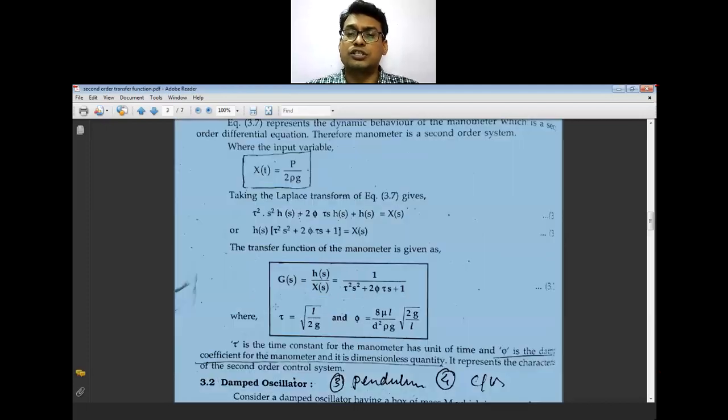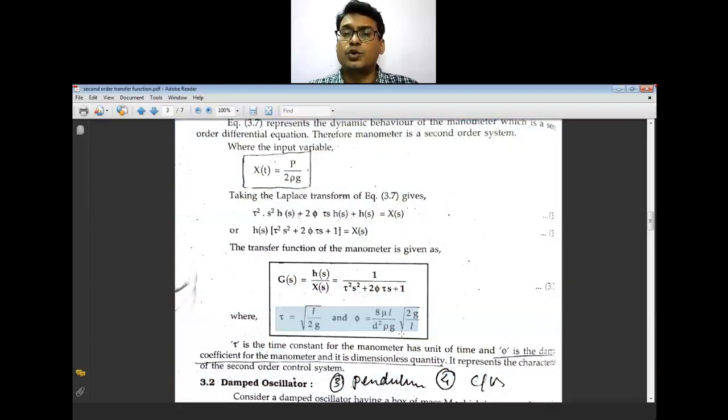However, these constants are related to the manometer. You will have different values of tau and phi for the damped oscillator, for the pendulum, or for the control valve.